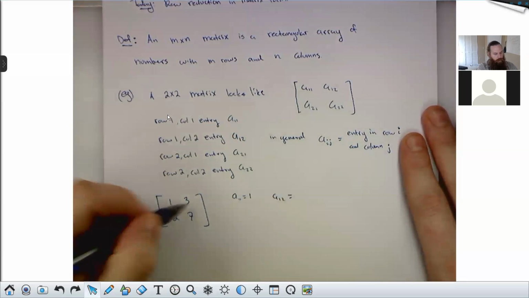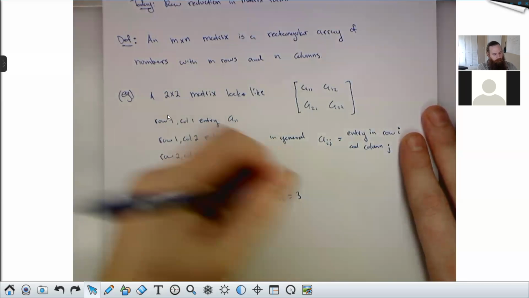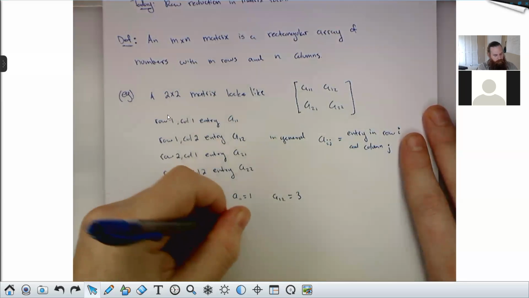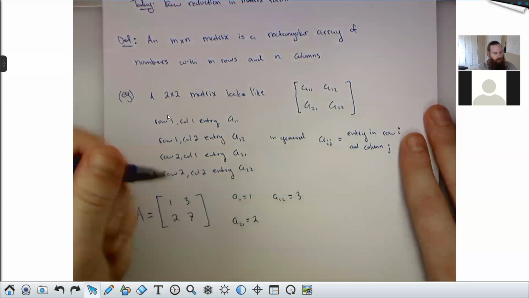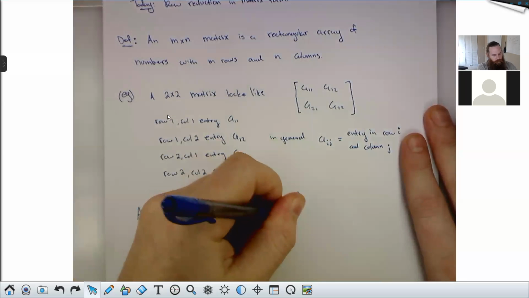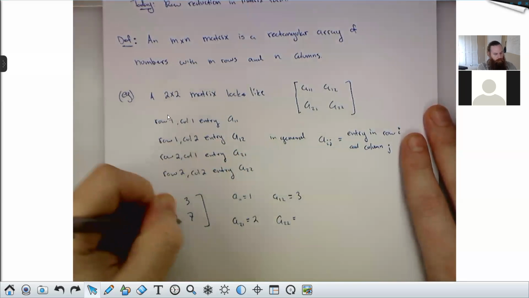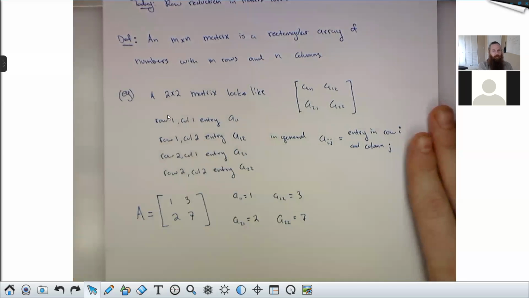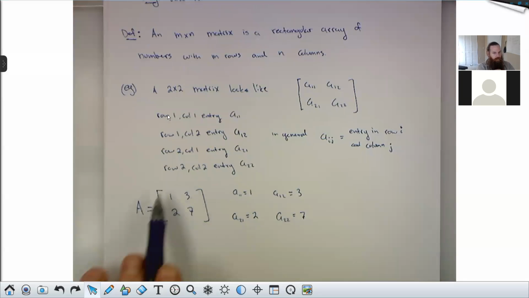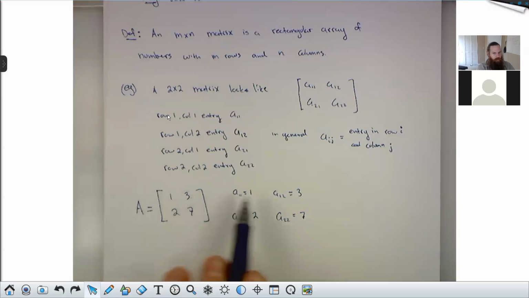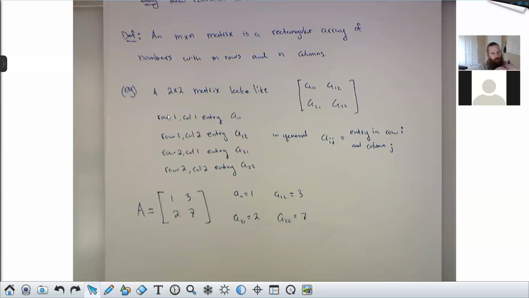A12 is row 1, column 2, that's 3. A21, row 2, column 1, that's 2. And A22, row 2, column 2 is 7. So this is the matrix A. That's the actual matrix, and its entries we denote with these subscripts.